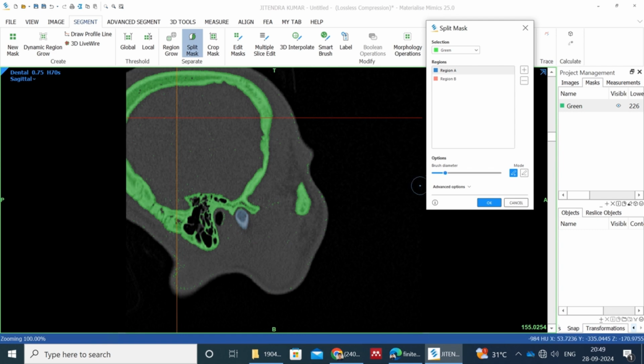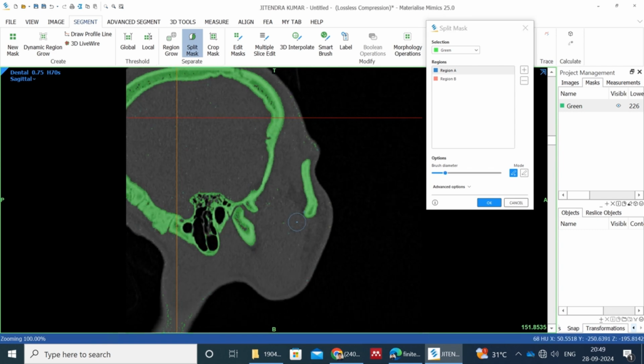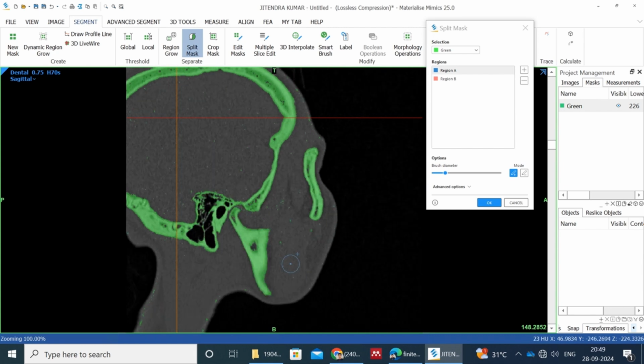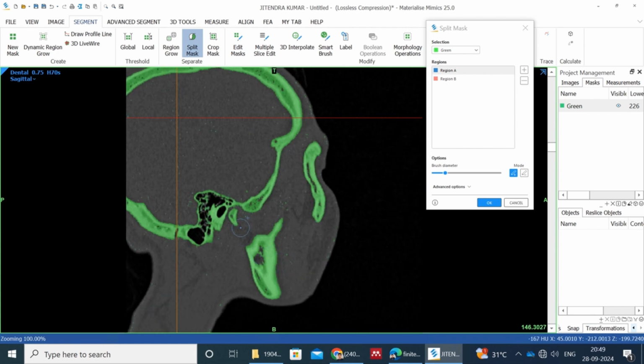Increase the diameter a little bit. I will skip a few images and select it. Select the mandible. Select this. I have selected the mandible.